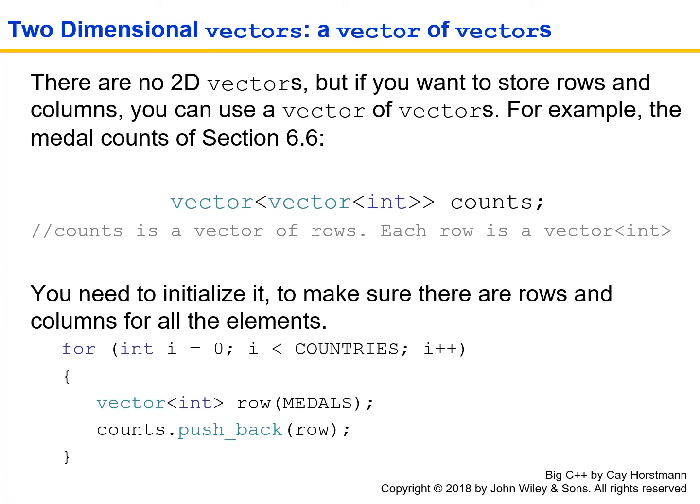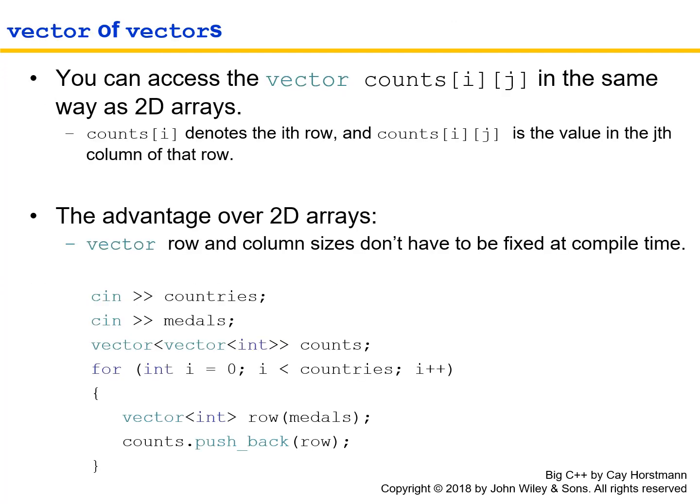Okay, what if you want a two-dimensional vector? There is no such thing as a 2D vector. What you can do is store a vector of vectors. This gets fairly complicated, and I'm going to leave this to the interested student to try to figure out, because really, if you have a two-dimensional set of data, it's better to work with a two-dimensional array than to try to figure out the vector sizes.